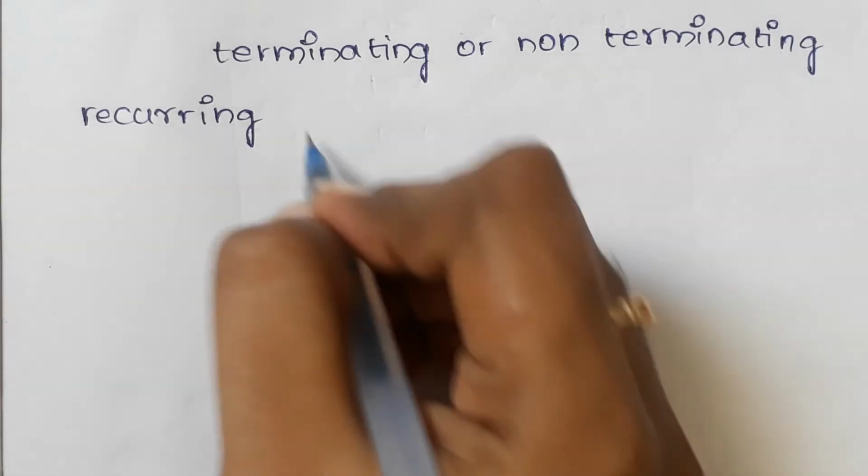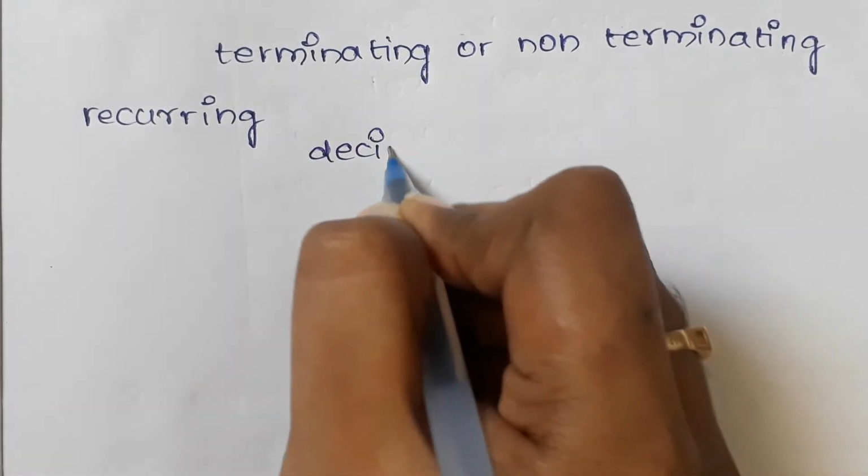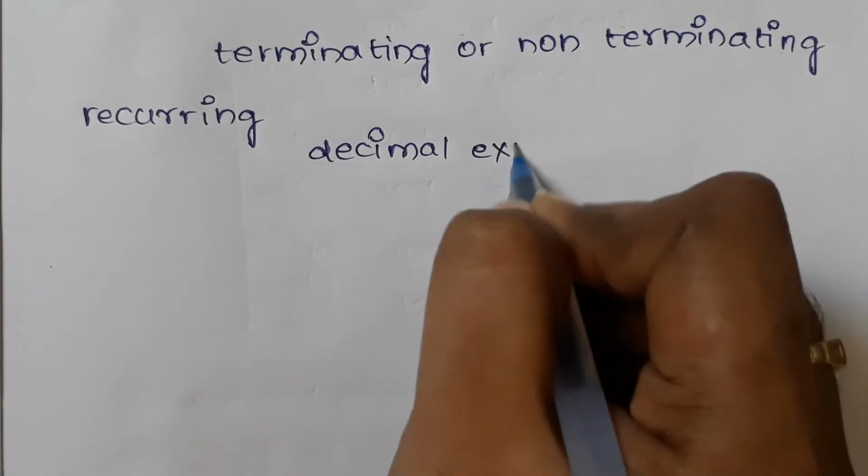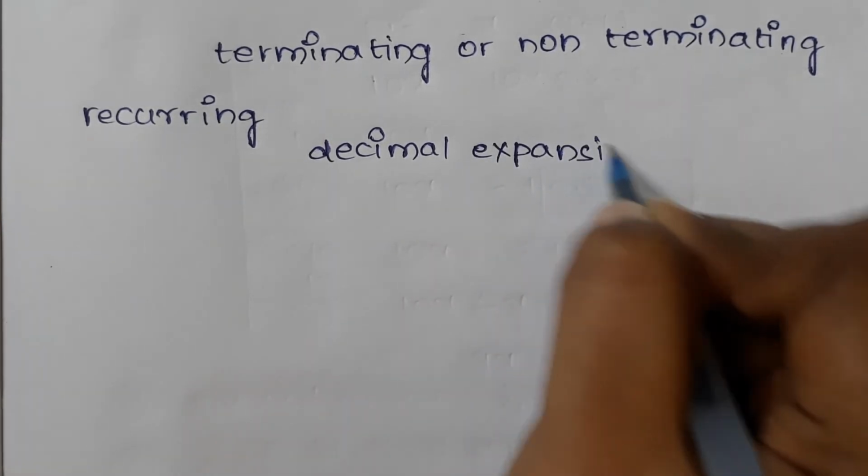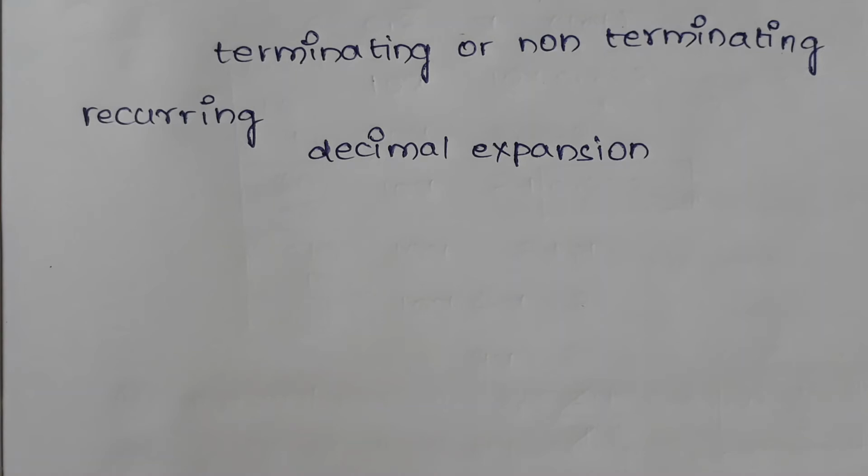Up to now we have seen the decimal expansion of a rational number. And what about the decimal expansion of an irrational number? By the property we can conclude that the decimal expansion of an irrational number is non-terminating, non-recurring.